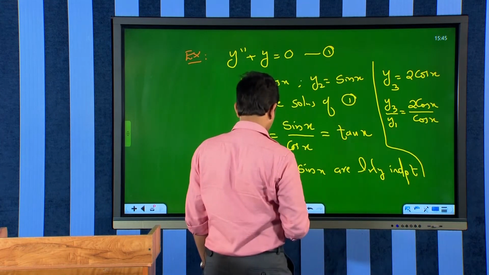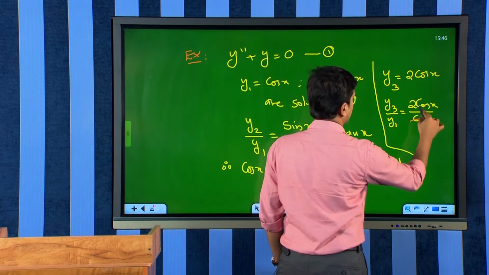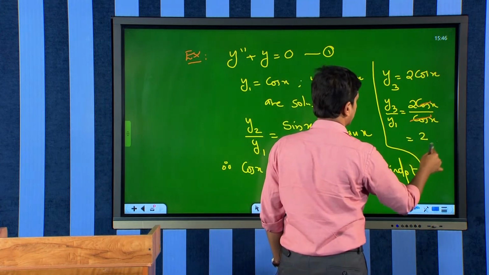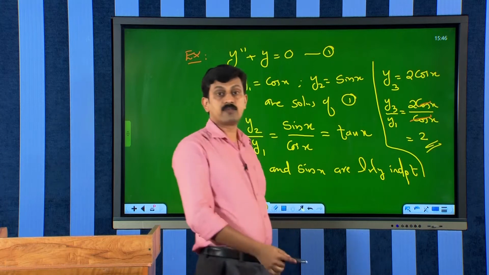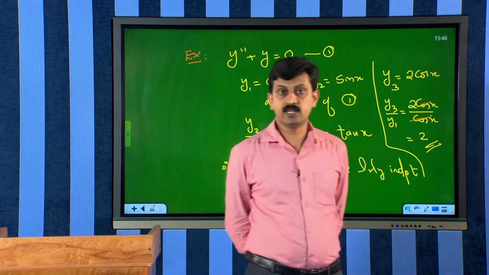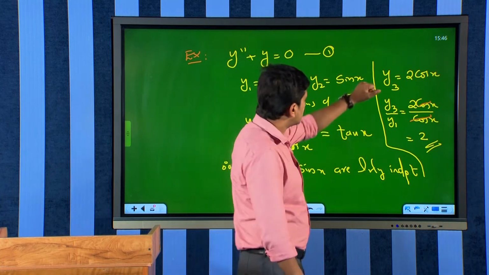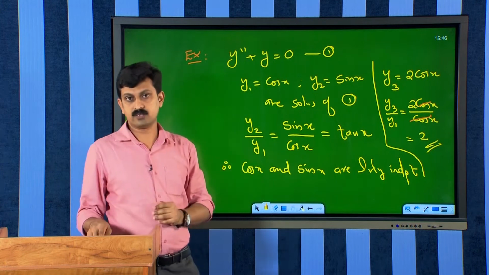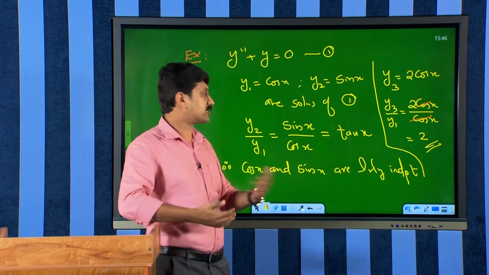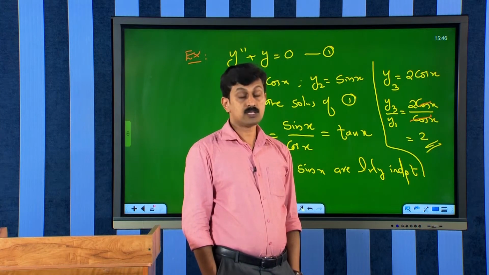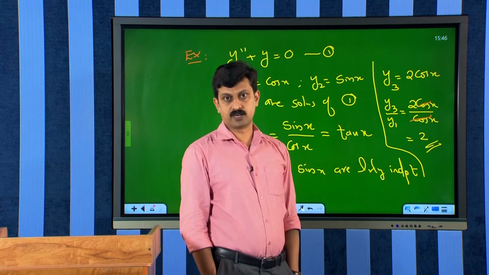We can cancel cos x and cos x, and finally we have the value 2. So y3 divided by y1 is a constant. Therefore, y3 and y1 are linearly dependent. Y3, which is 2 cos x, is a constant multiple of y1, so from the definition itself they are linearly dependent.